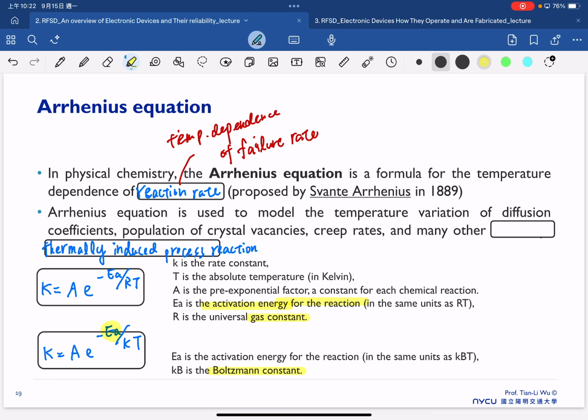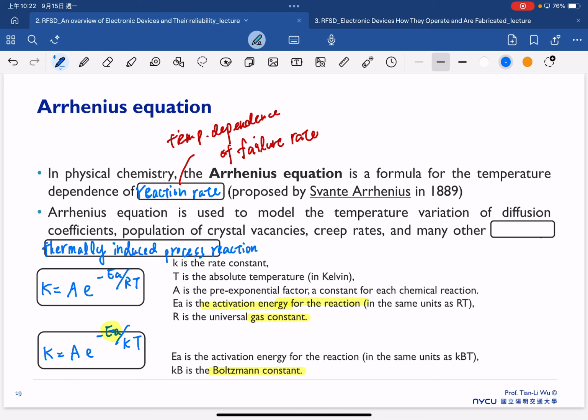So now back to the goal: how do we actually leverage this very powerful Arrhenius equation? We can go back to the fundamental concept of how we do acceleration testing.